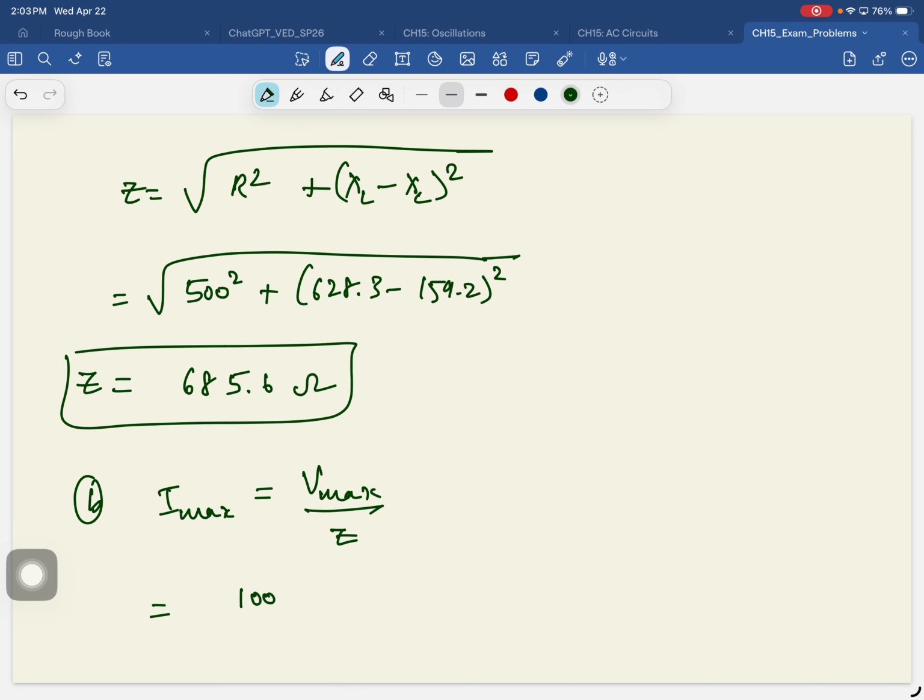So 6.63. All right, now that we have all the pieces, let's calculate the impedance of the circuit, which is the square root of 5 squared plus (9.4 minus 6.63) squared.